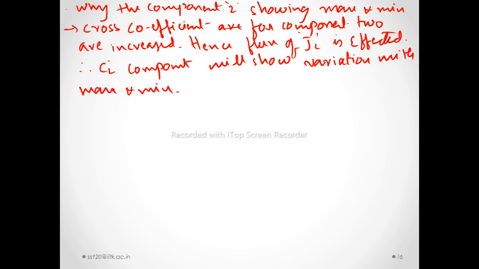That means the interaction of an atom is more. Component 2 will interact with components 1 and 3 more. Because of this, it is showing the maxima and minima.